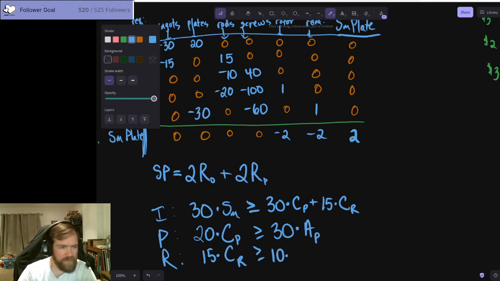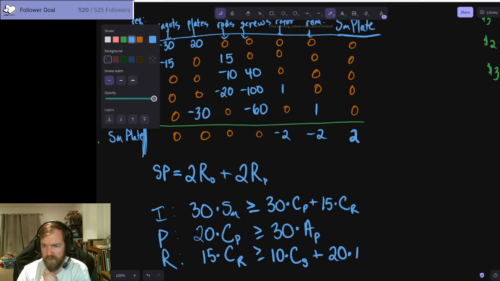That's probably not correct, now that I'm thinking about it. Constructors to screws, plus 20 times the number of assemblers devoted to rotors.